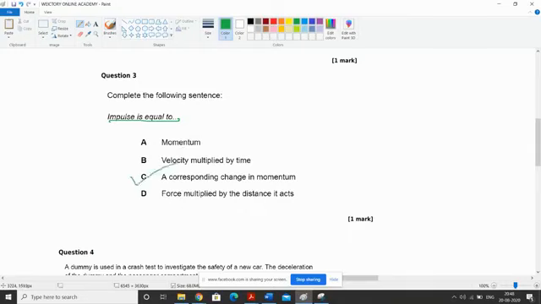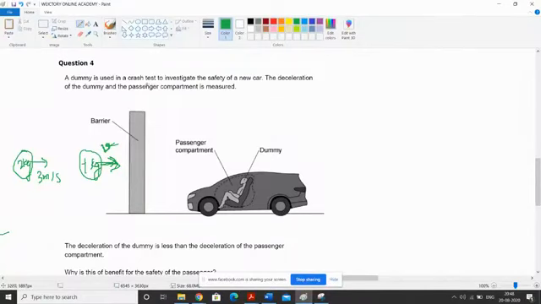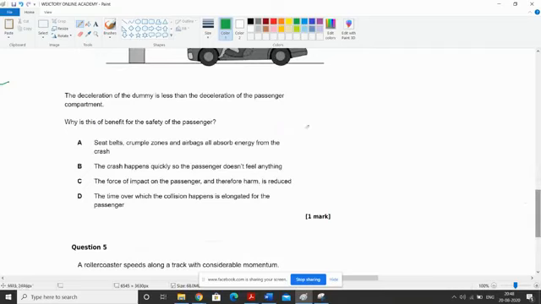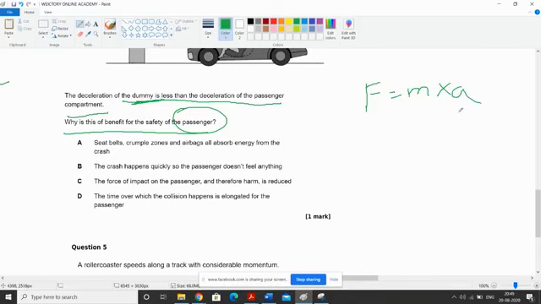Now question number 4. A dummy is used in a crash test to investigate the safety of new car. The deceleration of the dummy and the passenger compartment is measured. The deceleration of the dummy is less than the deceleration of the passenger compartment. So why is this a benefit for the safety of the passenger? If the deceleration is less for the dummy, because force is equal to mass into acceleration, and deceleration is a kind of acceleration, then the force acting on the dummy will be less.